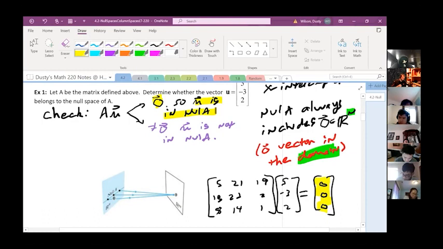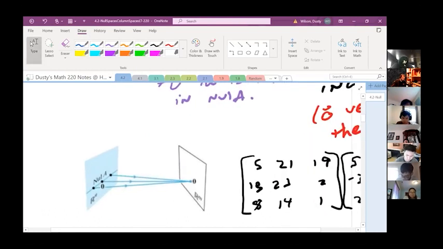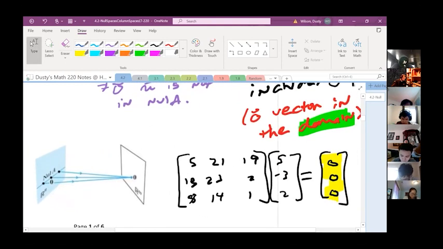In the picture, you could think of it as saying that we have our u vector here, and our u vector that's in the null space is being mapped to 0 in the image. So the image of u is 0.